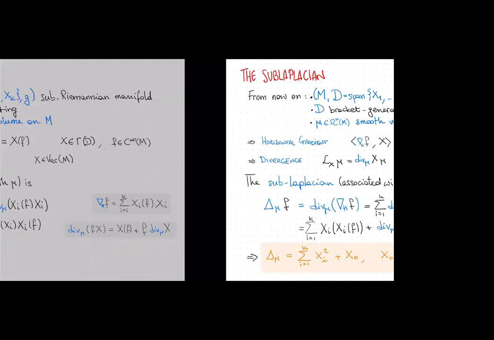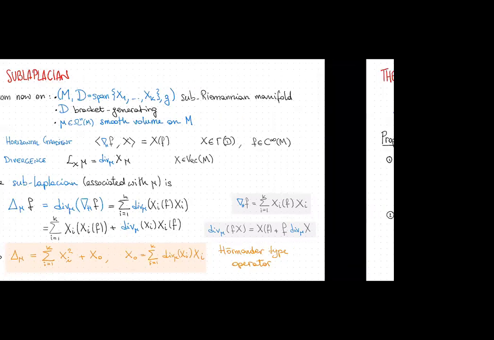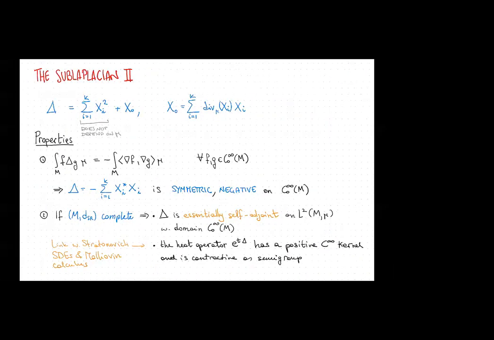But look what we got back. We have the vector field X_i squared, and we have a first order object appearing here. So we got our Hörmander type operator. So despite all the complication, despite the terrible geodesic flow, despite all the limitations that we have in constructing these objects, actually we get a nice Hörmander type operator out. And those are really nice operators.